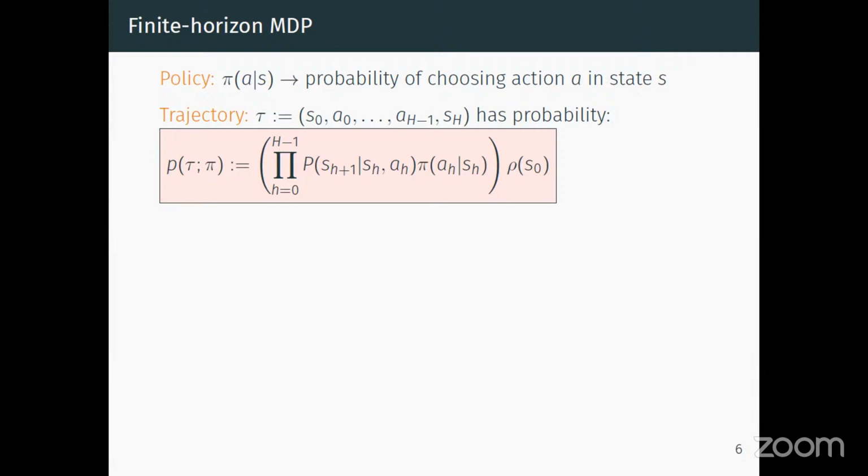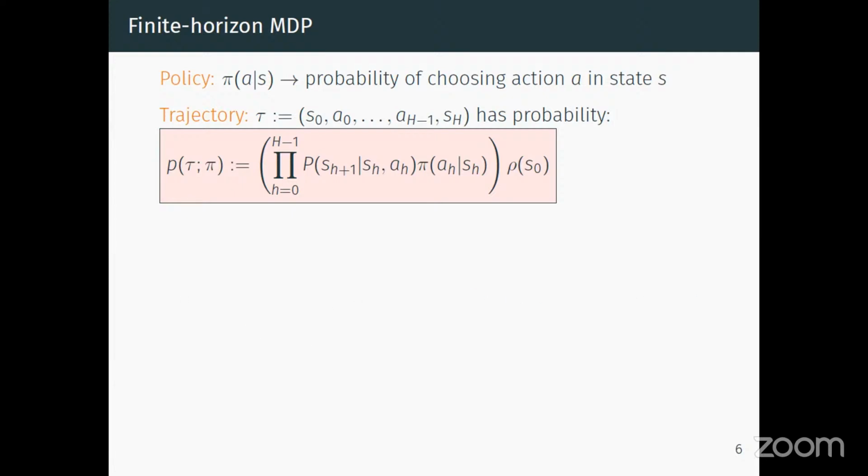So the probability of starting in a state S0, and then taking action A0 in S0 and then going to S1. All of these things have some randomness. So the policy is random and then there is a transition probability. So for the entire trajectory, you can associate the probability of seeing that trajectory.